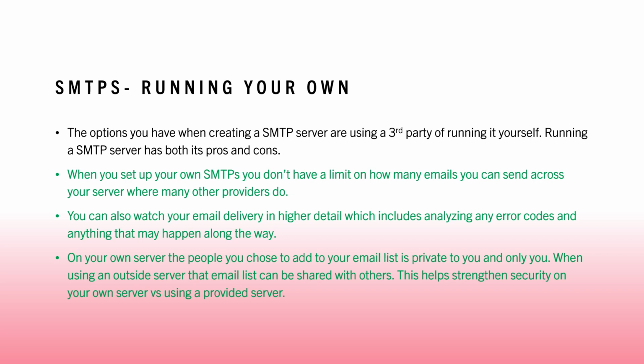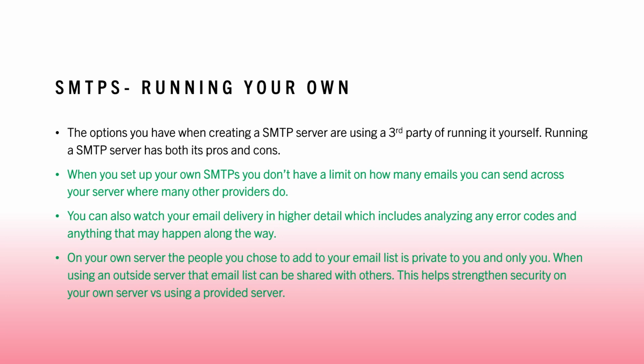Running your own SMTP. The options you have when creating an SMTP server are using a third party or running it yourself. Running an SMTP server has both its pros and cons. When you set up your own SMTP, you don't have a limit on how many emails you can send across your server, as many other providers do.